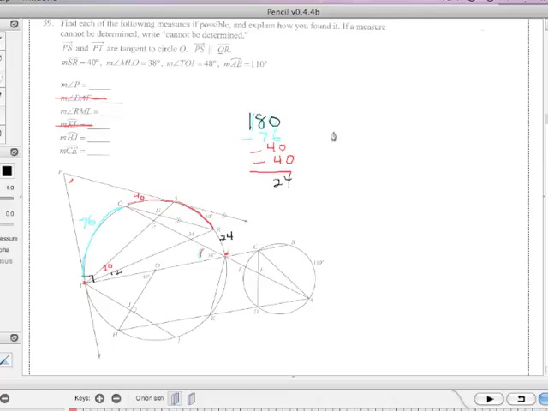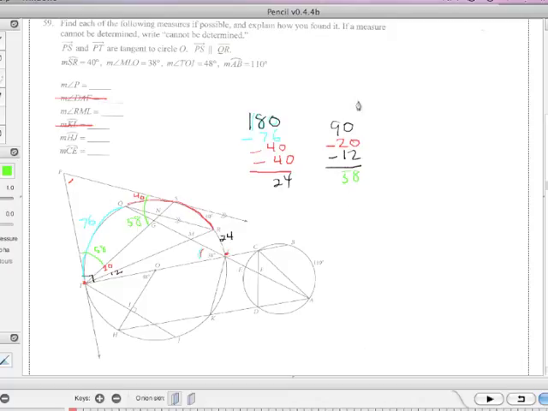So we have 90 minus 20 minus the 12, and let's do that in green, so that's 58. So we know that this angle right here is 58, and like I said, this is an isosceles triangle, so this angle right here has got to be 58.